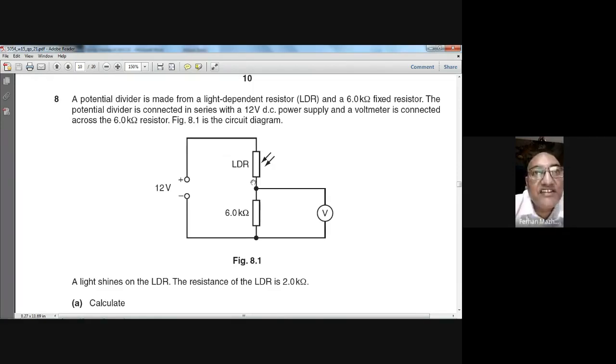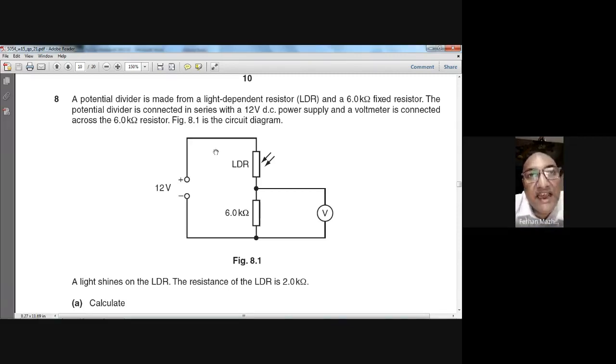It starts dropping less voltage. It will take less voltage. When it takes less voltage, the fixed resistor will take more voltage, because from the battery 12 volts are coming and the 12 volts are supposed to be consumed.